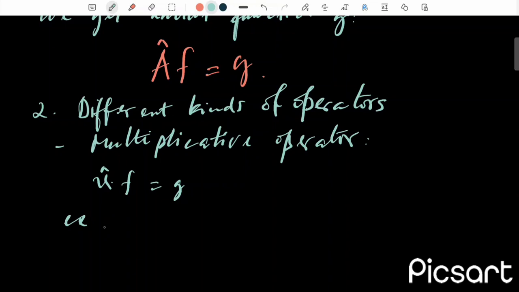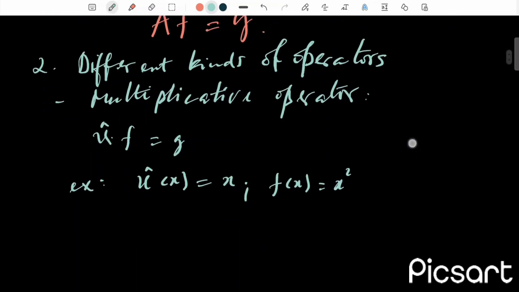Here we have a multiplication, and we can use as an example that our u operator is a function of x which is equal to x, and a function f which is equal to x squared.